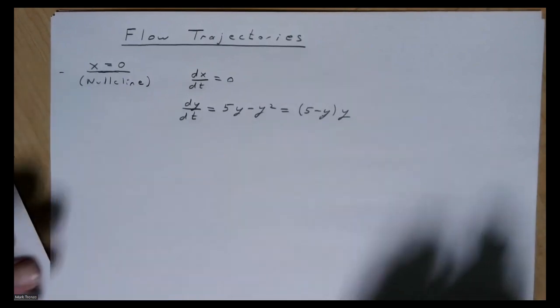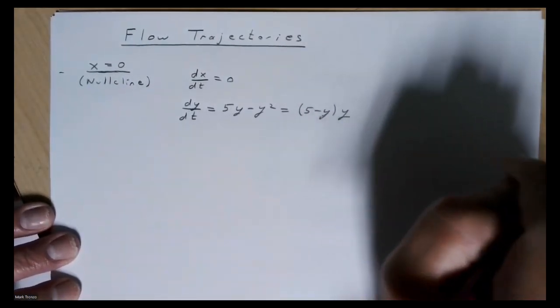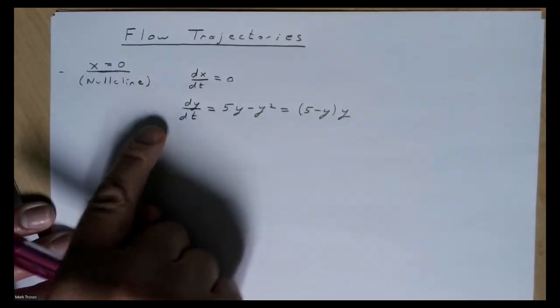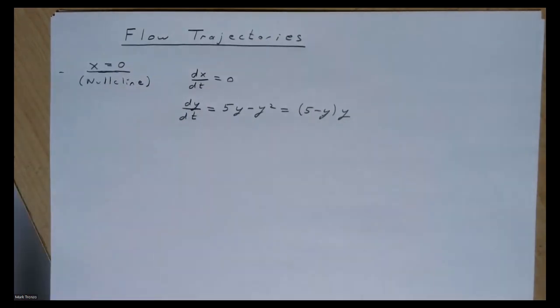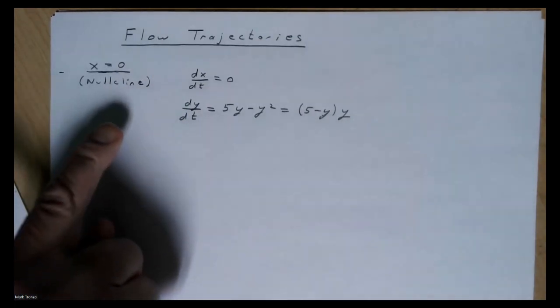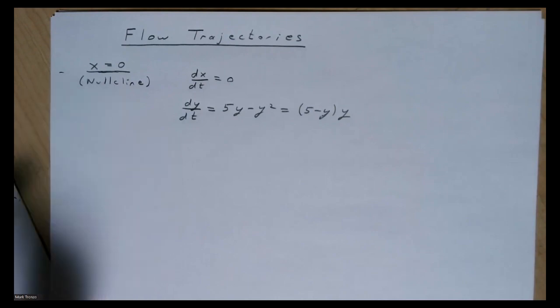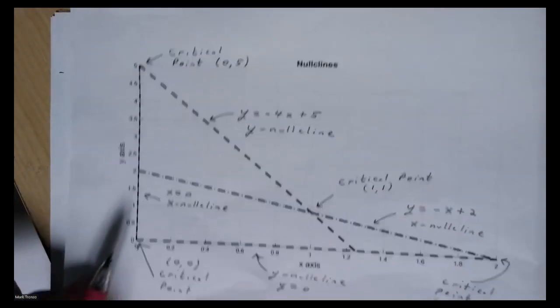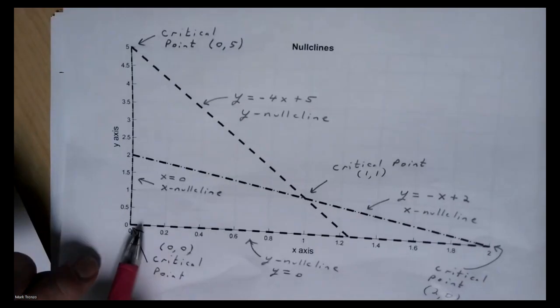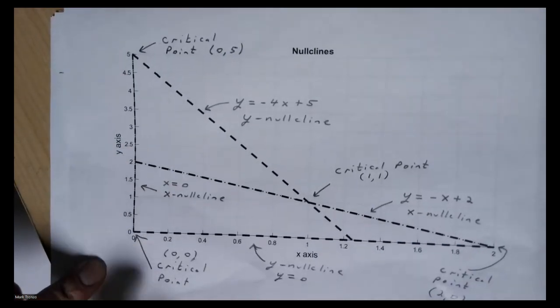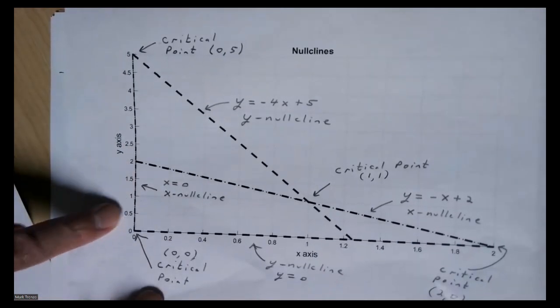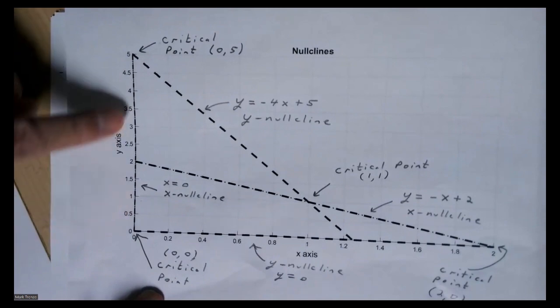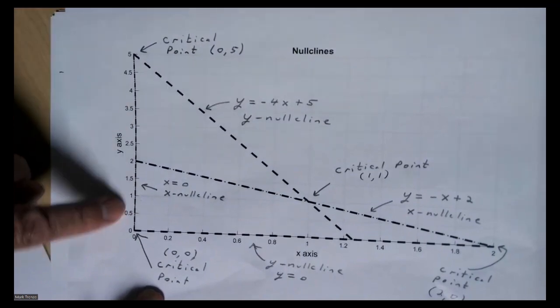And now if we take some points along here, we want to find out how this dy/dt changes. Let's take a look, and we're looking along the nullcline x equals 0. So now we want to look in places where there are different regions.